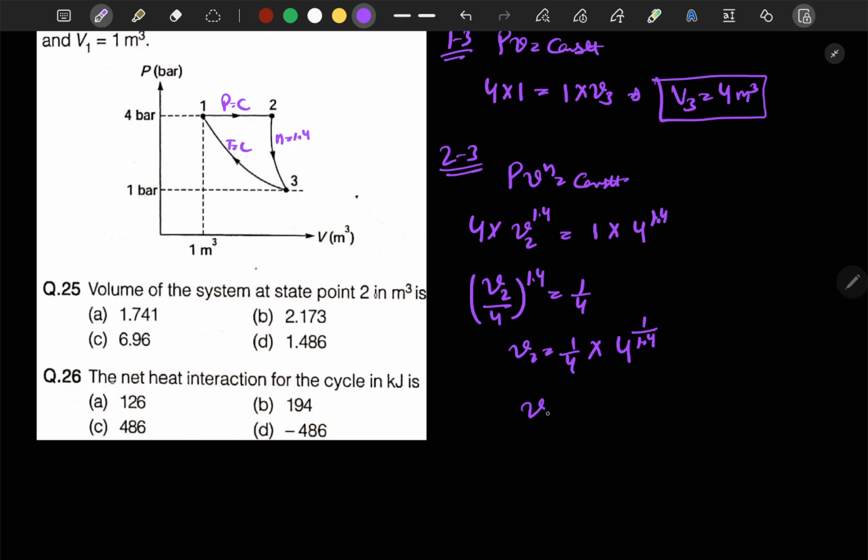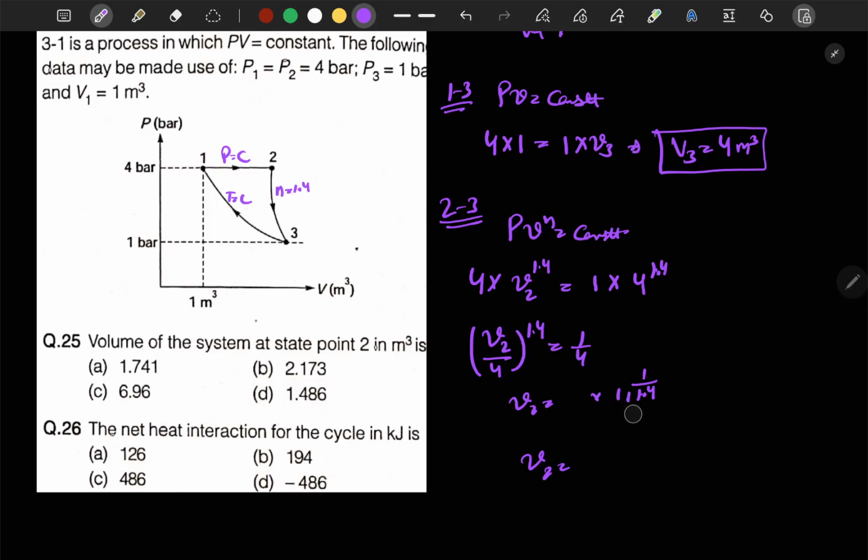So we get V2 is equal to 4 to the power 1.4 reciprocal divided by 4.67. Just give me a moment. Sorry, I have made a mistake here.